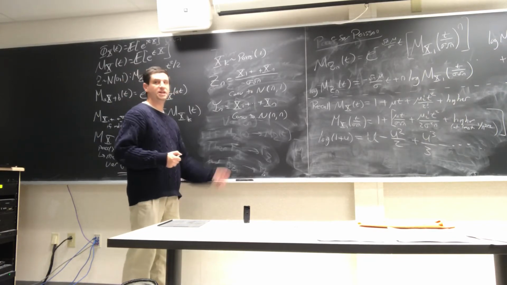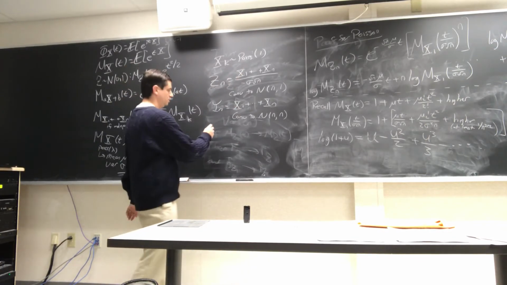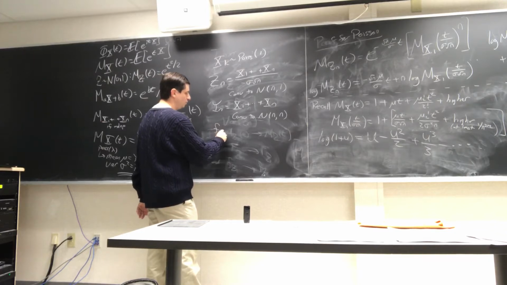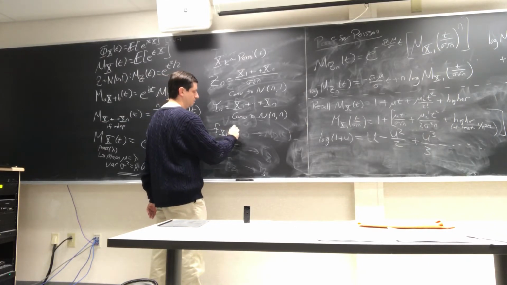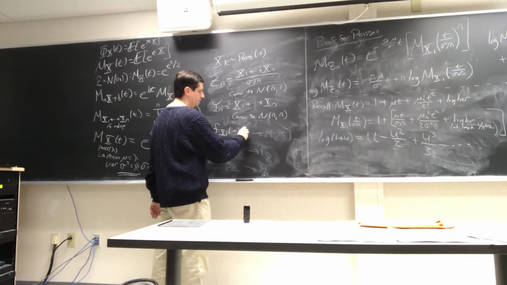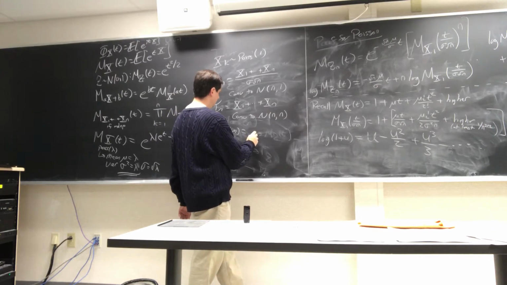So that might be a good one to look at, the y's. We know what the density is for the Poisson. So the density function of one Poisson, let's use m, is equal to lambda, which is 1 to the m, e to the minus m over m factorial.